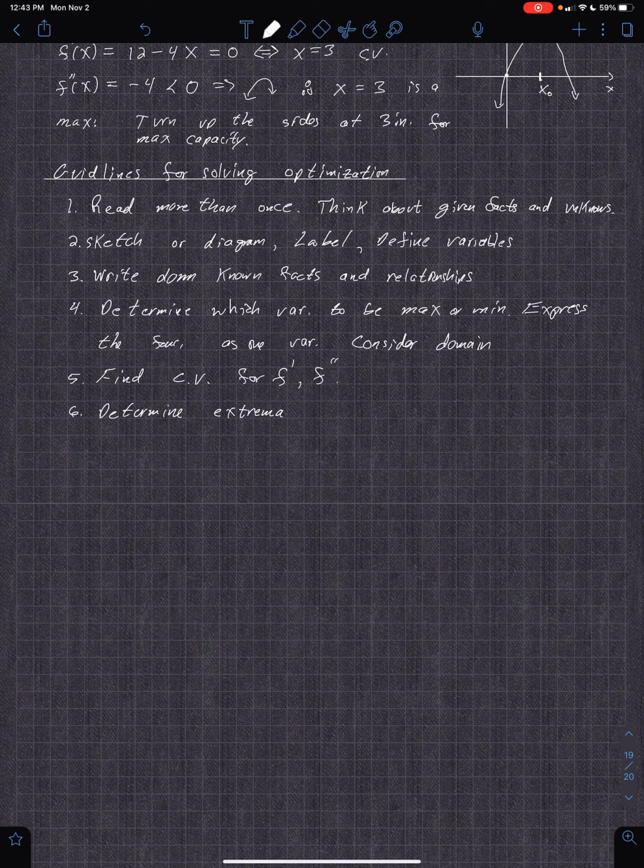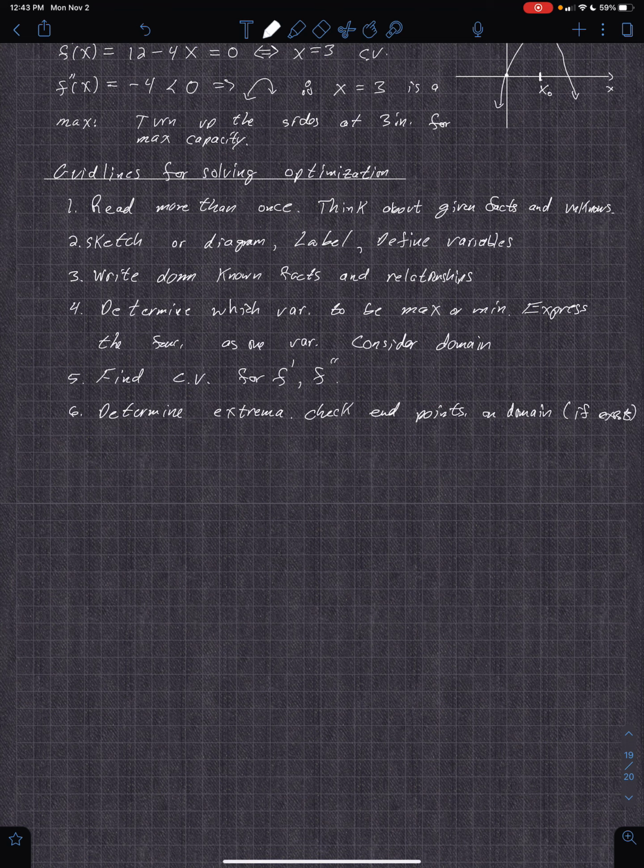Now you do your extrema test just like you normally would for a function f. Check endpoints if necessary, if they exist. It could be that you don't cut it at all or something like that. So check endpoints on the domain if they exist.